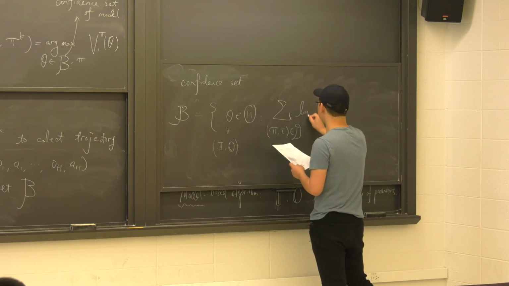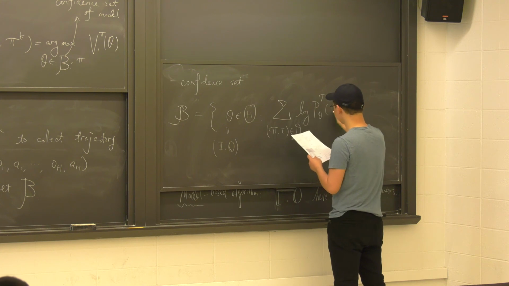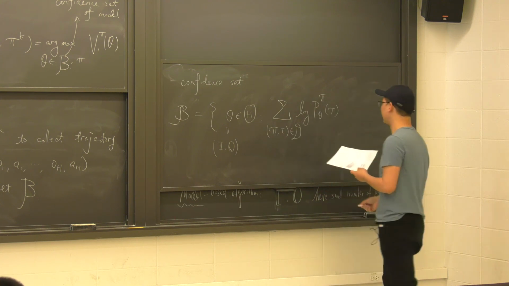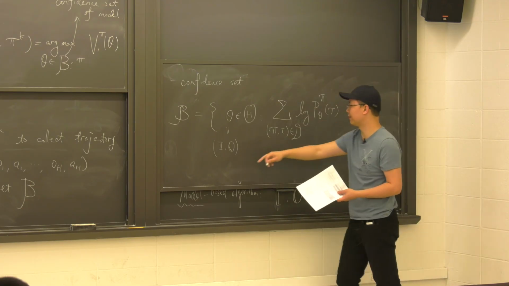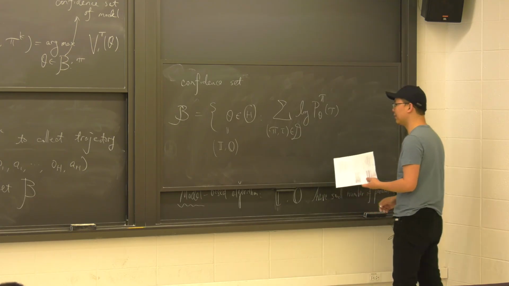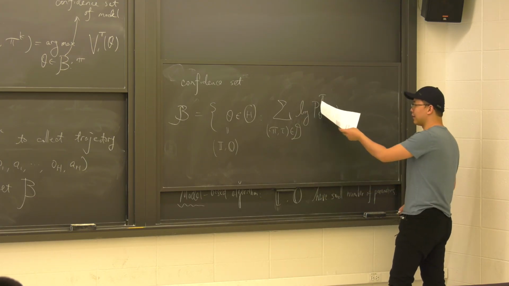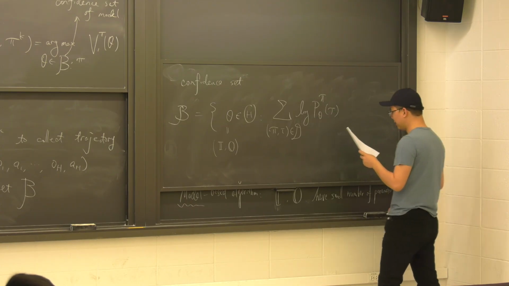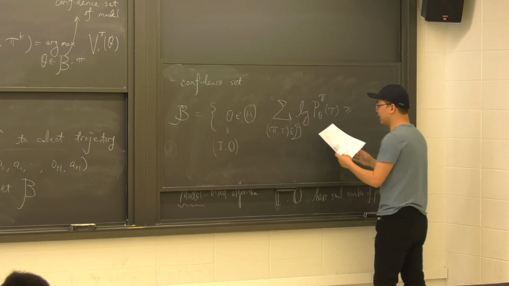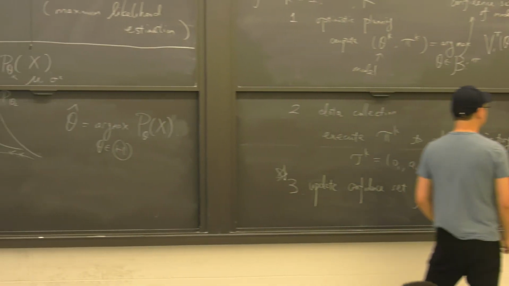Essentially, I look at the log likelihood. This is a probability given by some POMDP model specified by T and O, calculating, if I'm following policy pi, what is the probability that I'm going to observe some trajectory tau. This is essentially the expansion of the likelihood here.